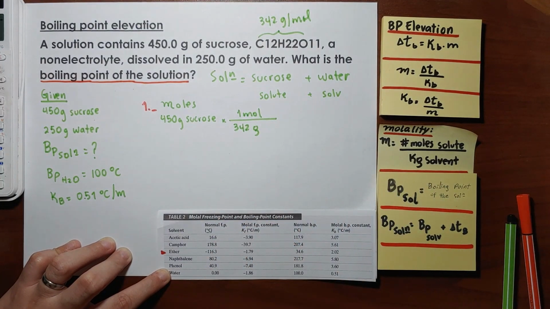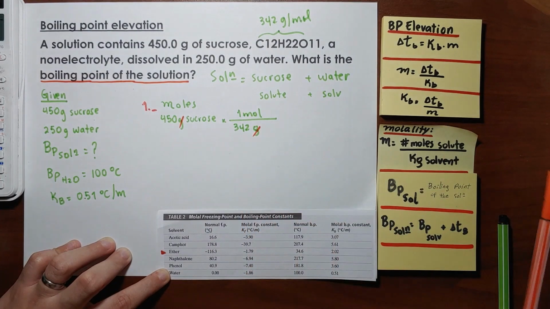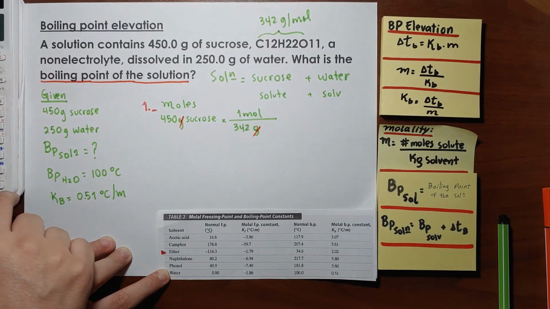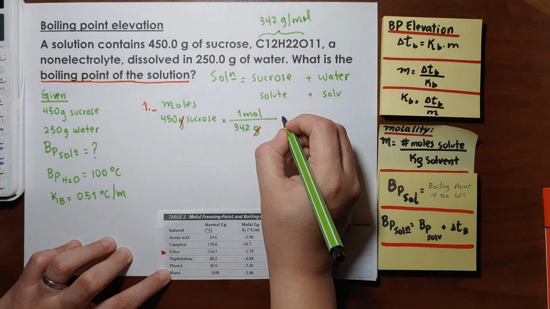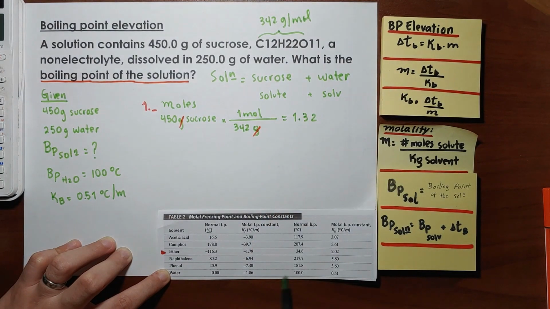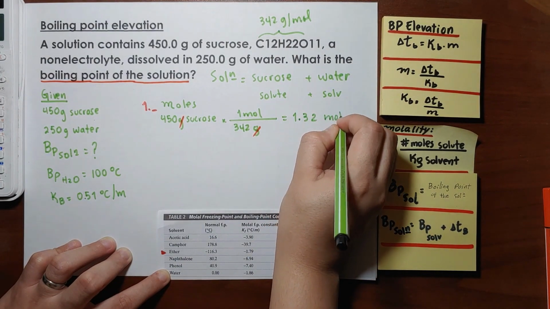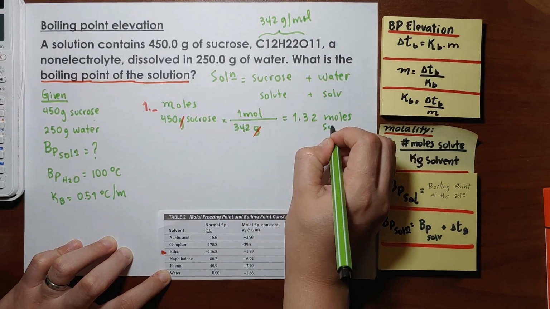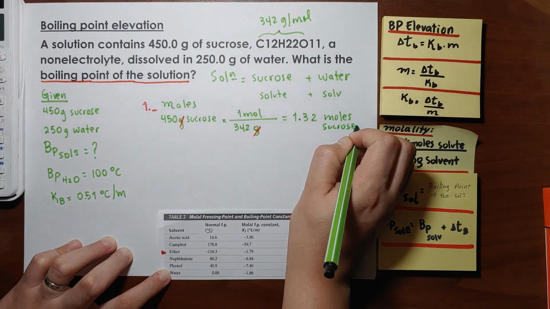Now I can cancel the units and I will perform that division. 450 divided by 342 gives me 1.32 moles of sucrose, which is my solute.